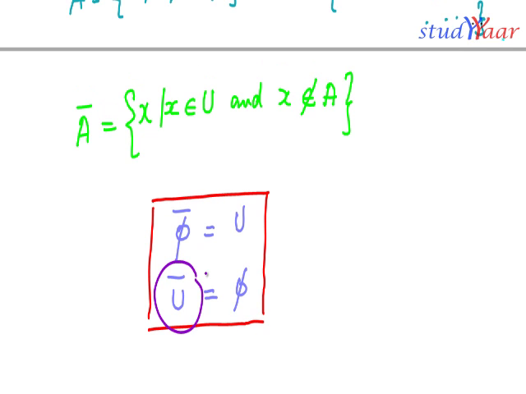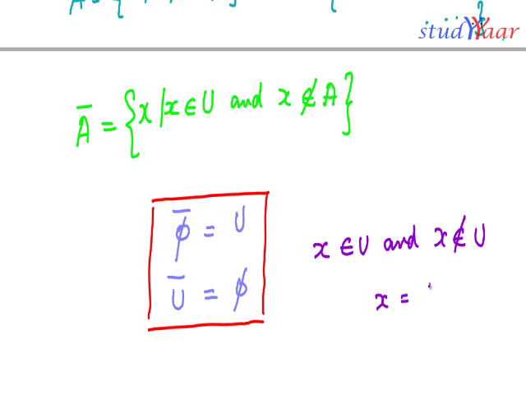The complement of the universal set is going to be x belongs to the universal set and x does not belong to A, but A is over here the universal set. Therefore, it is the null set, and hence I have this property. In the same way you can prove the other property as well.